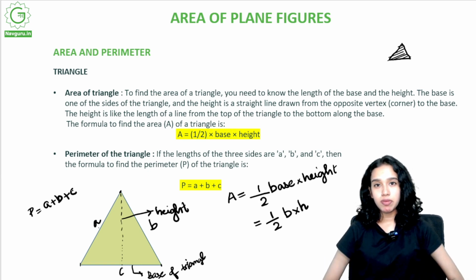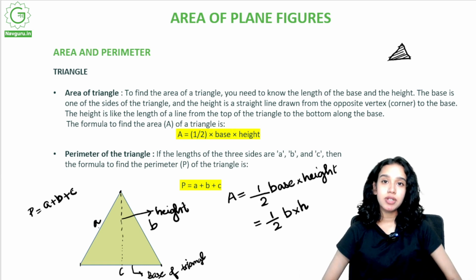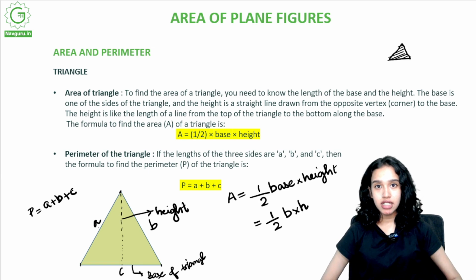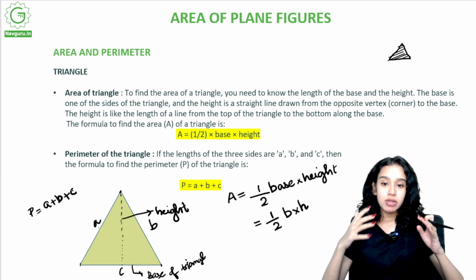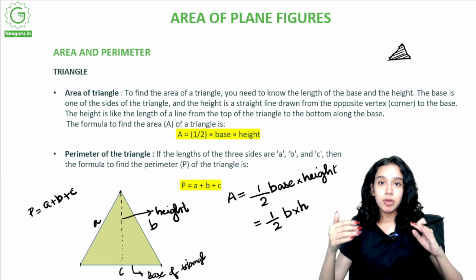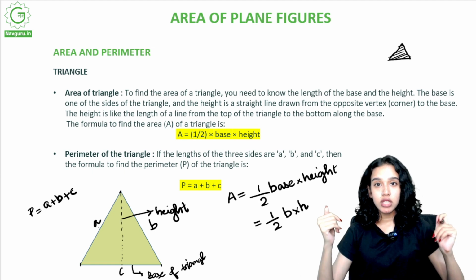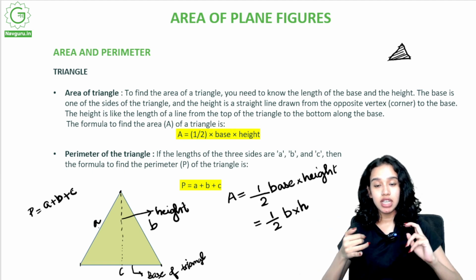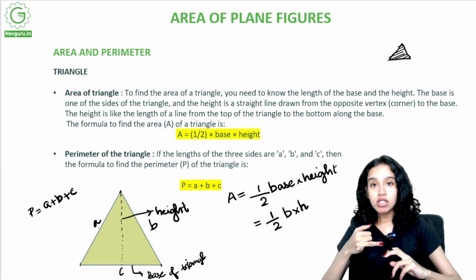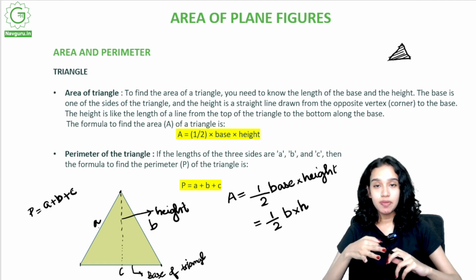When we talked about triangles, we know that there are different types of triangles. We could classify triangles according to the properties of their sides or the properties of their angles. When classifying a triangle according to its sides, triangles could be classified into equilateral, isosceles and scalene triangles, right?